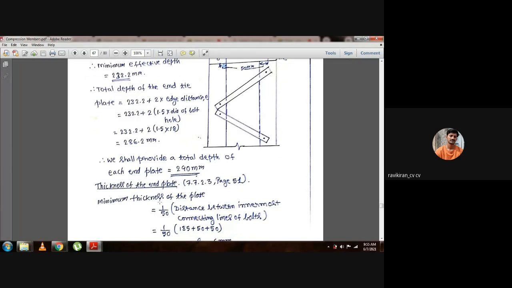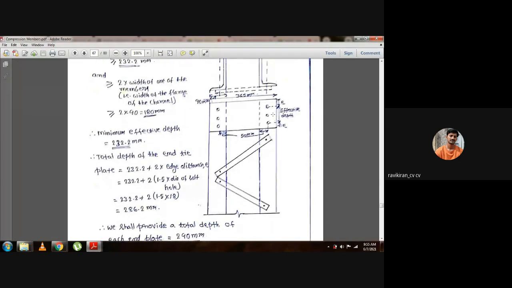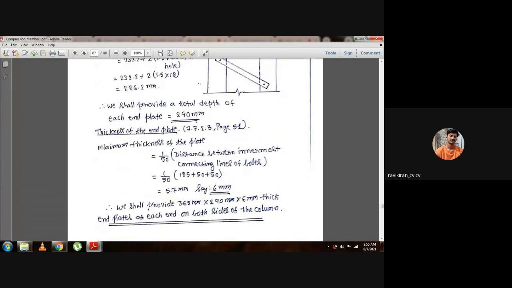And what should be the thickness of the end plate? Thickness is available in page 51, 7.7.2.3, that is 1/50th of the distance between innermost connecting lines of the bolt. So innermost connecting line of the bolt means 185 plus 50 plus 50.